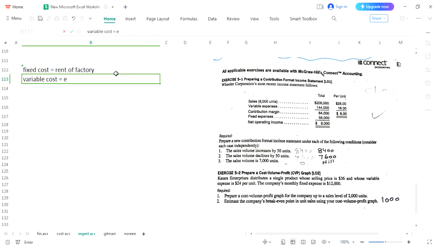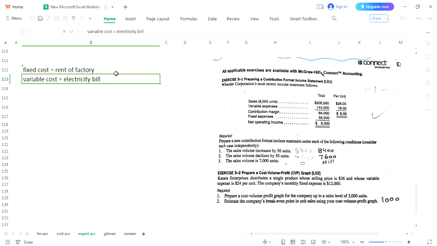The example we have seen was the electricity bill, and obviously if you are working 1 day in a month, then the electricity bill would be different as compared to when you are working 20 days in a month. Your bill will increase. So it entirely depends upon the level of production.